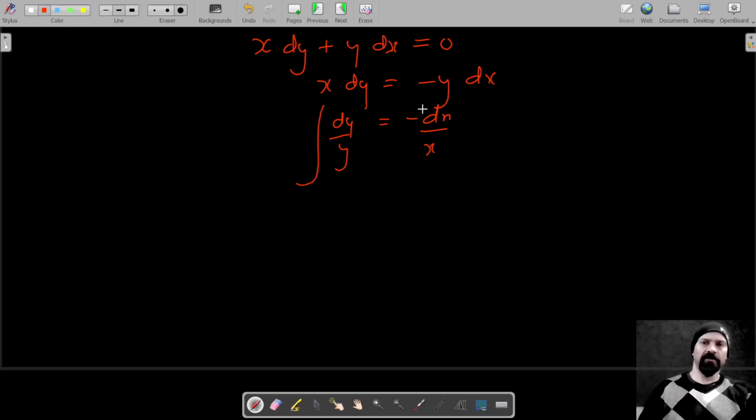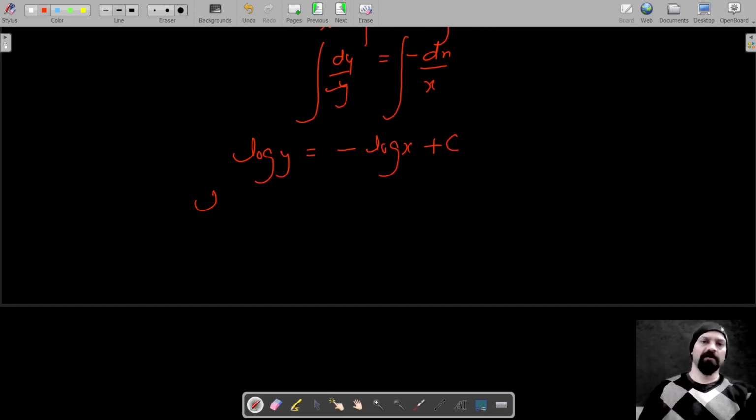So taking the integral on both sides, the integral of 1 by y is log y, and this is negative log x plus c. Now c is a constant, so that could be a log, so log c.